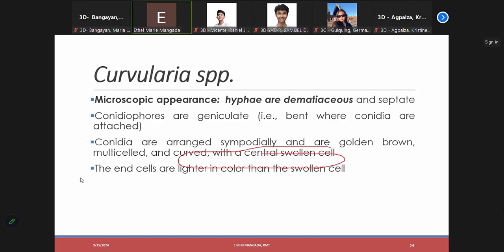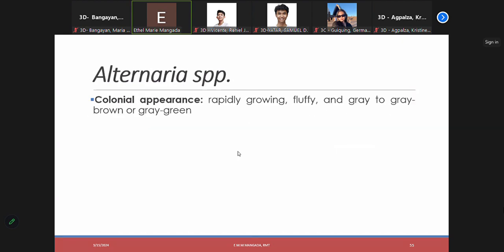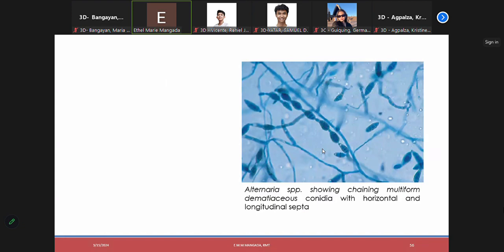That's your Curvularia. And then we also have your Alternaria. The colonies in the medium, same. It's gray to brown or gray-green. And then, ito yung itsura niya under the microscope. So, makikita nyo yung chains of conidia. So, we can see here chains of your dematiaceous conidia, okay?